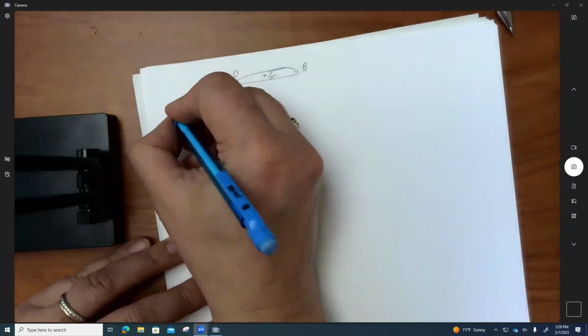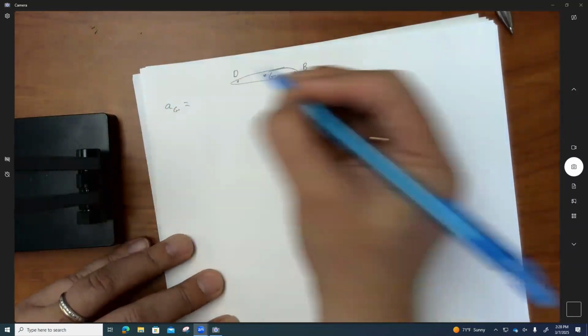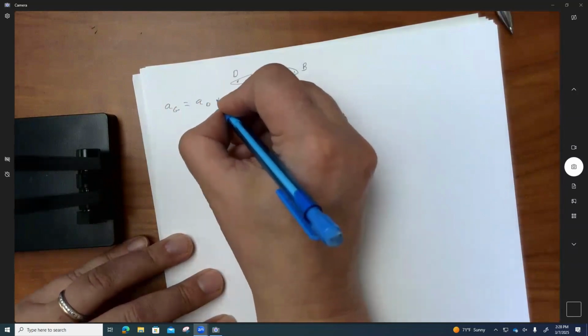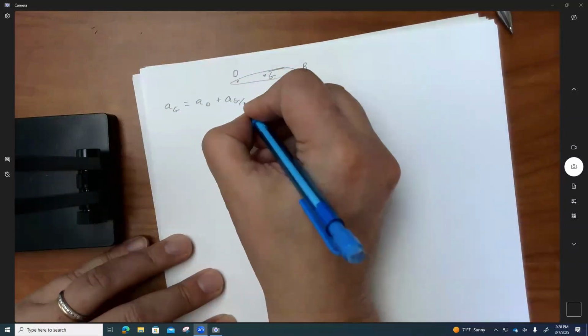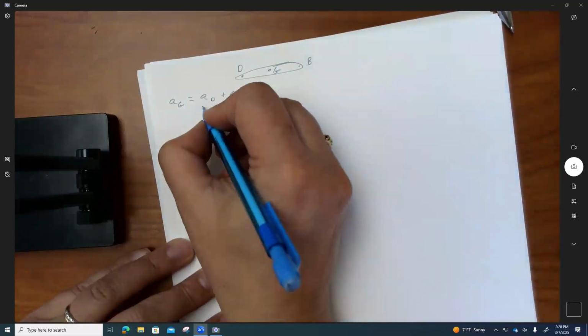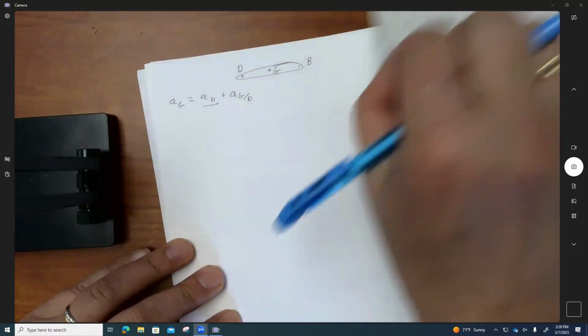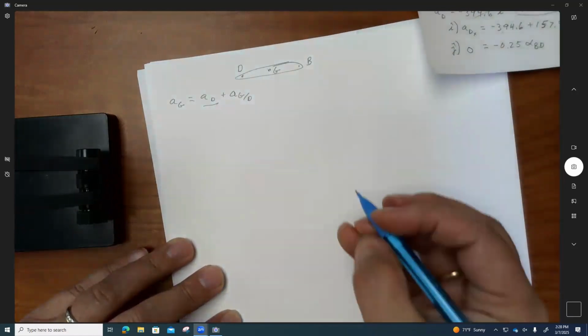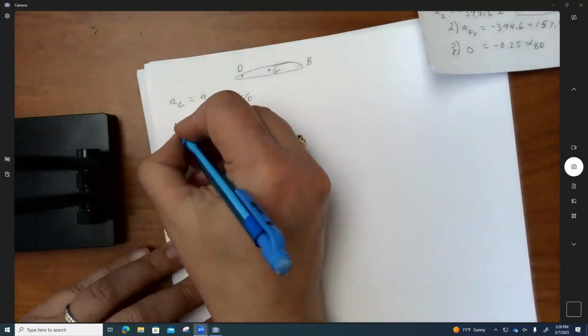So if we find the acceleration of that center of the rod, we're going to have the acceleration of D plus the acceleration of G relative to D. I know what the acceleration of D is; I just found it right here, 236.7 in the negative i direction.